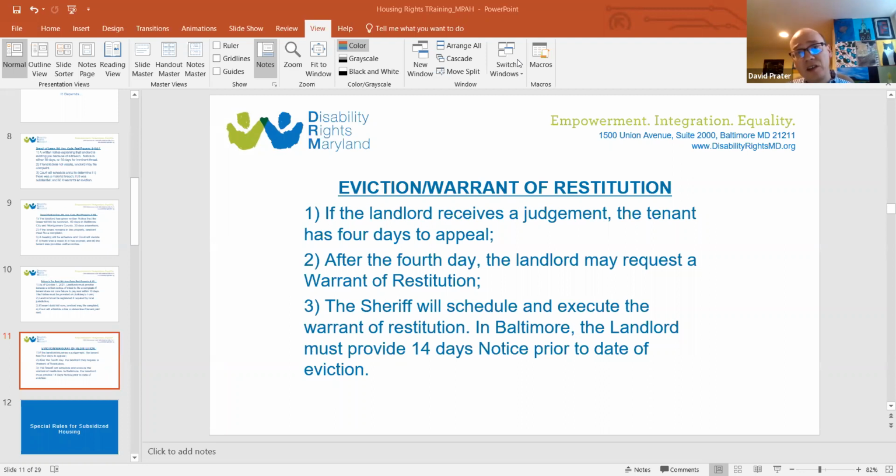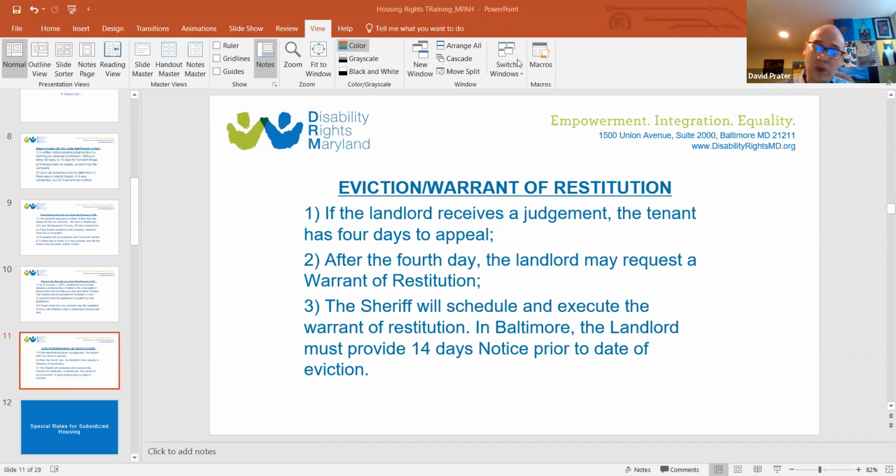We have had instances where a tenant will ask a family member to be a live-in aide, and under federal regulations, live-in aides are not considered members of the household.